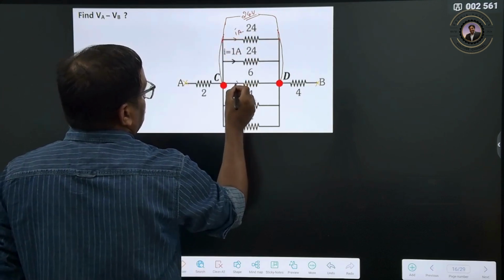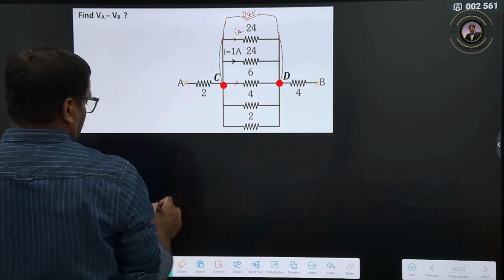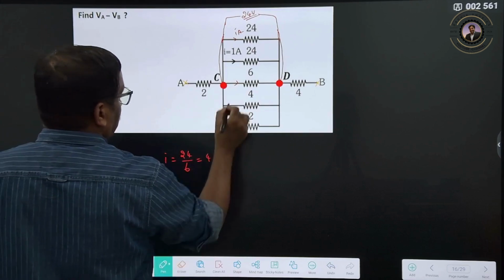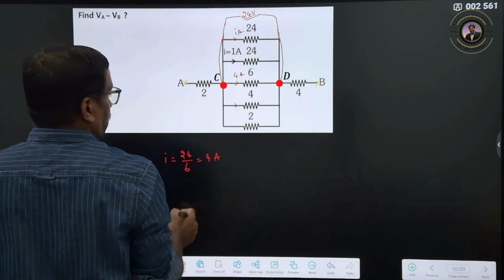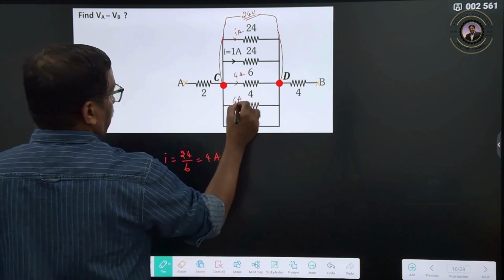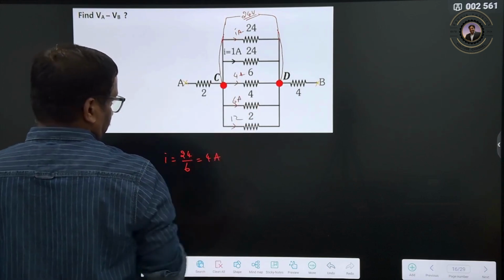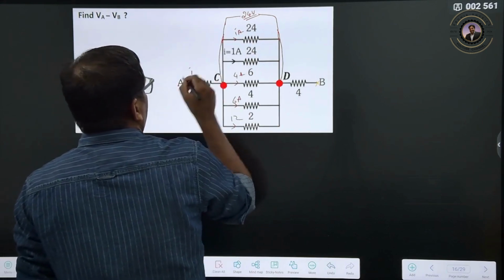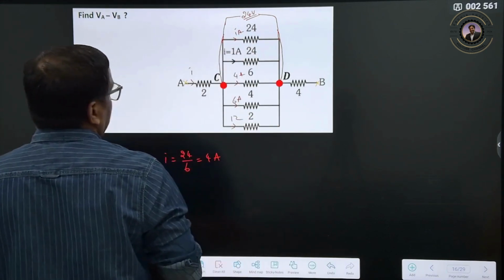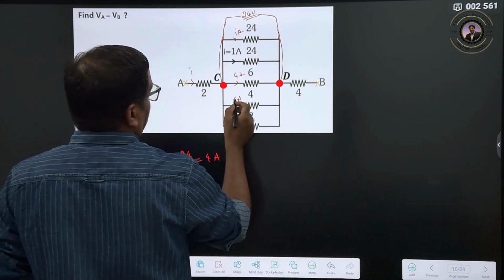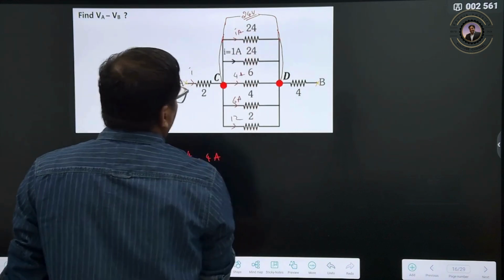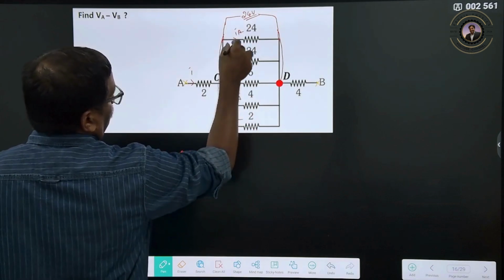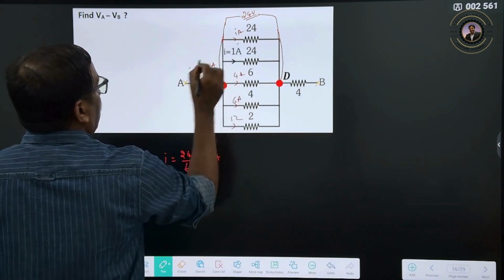So how much is the current across this one? I equals 24 by 6, therefore 4 amperes across this one, here it will be 6 amperes, and here 12 amperes. So what will the total current be? Whatever current is coming here: 12 plus 6 plus 4 plus 1 plus 1. So the current will be equal to 24 amperes now.